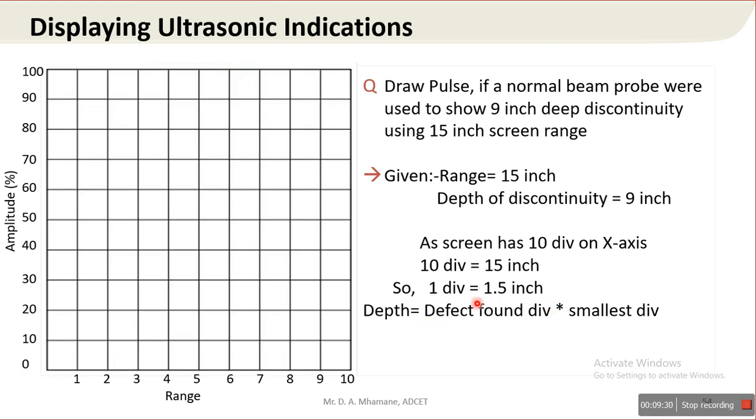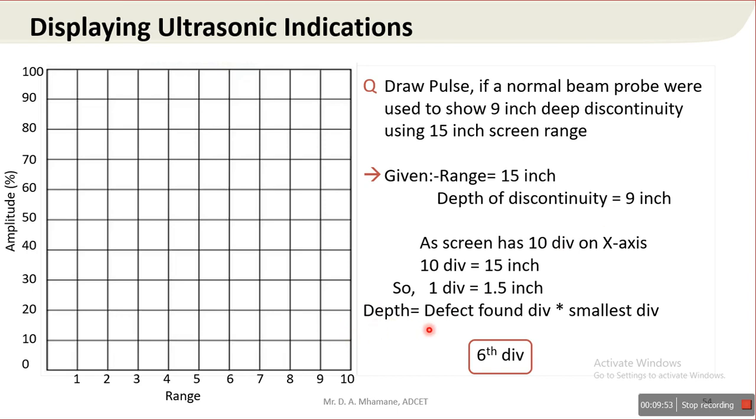We need to calculate the defect found division, means which division represents the defect echo. We have the value of depth of discontinuity, that is 9 inch. So depth is 9.